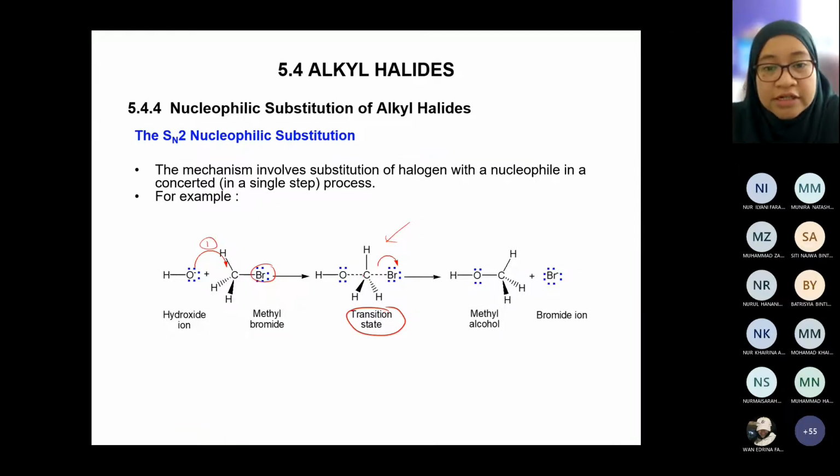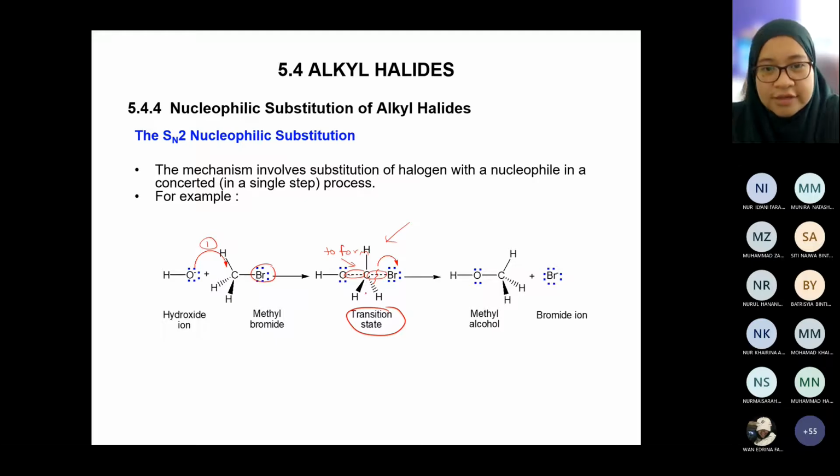Okay, all right, so you can represent the instability of this transition state by using dashes line. Okay, dashes line for OH, dashes line for bromine. Okay, so this one is about to break. This one is about to form sebenarnya. So kena represent using dashes line.